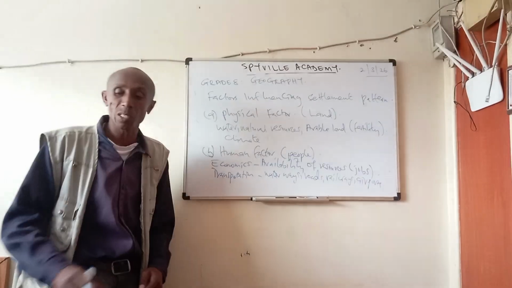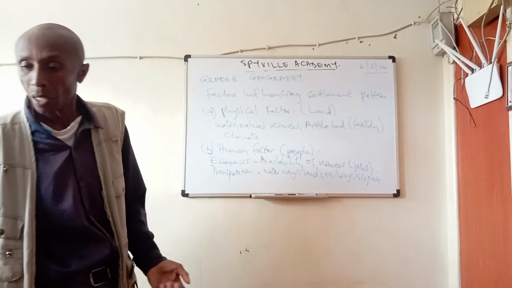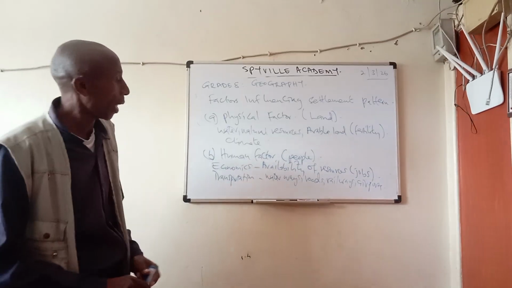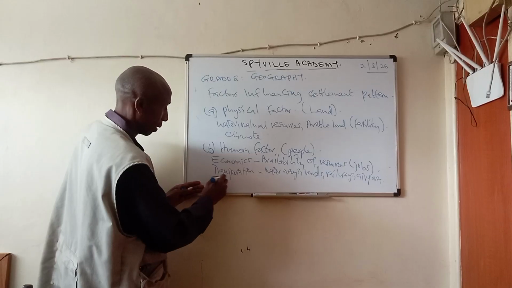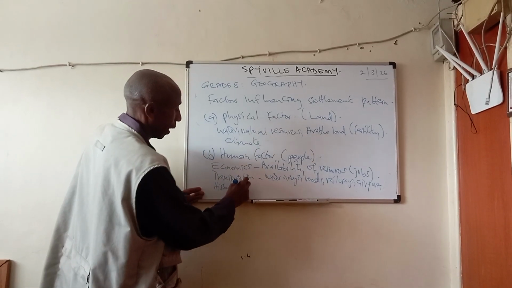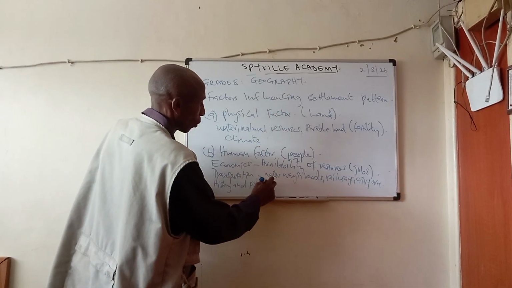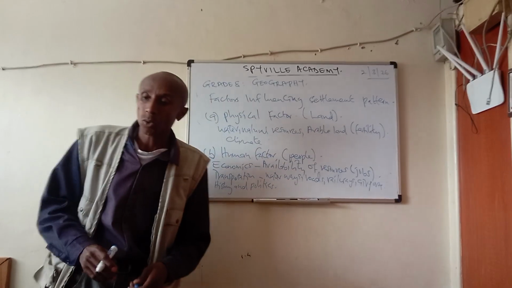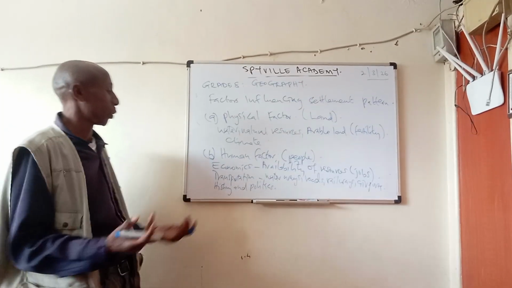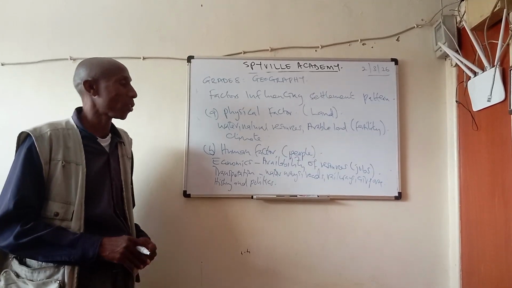Transportation is a means of transport. Is it accessible? Then another here is something to do with politics and history. Politics can also influence the settlement, whereby things to do with historical migration, government incentives, and so on and so forth.